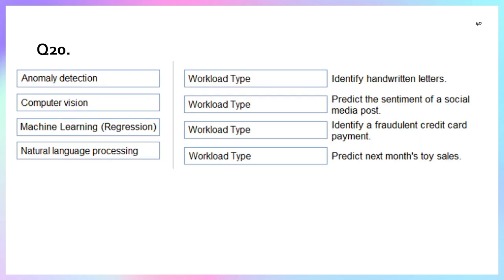Question number 20. In this question, we have some definitions: anomaly detection, computer vision, machine learning, natural language processing.